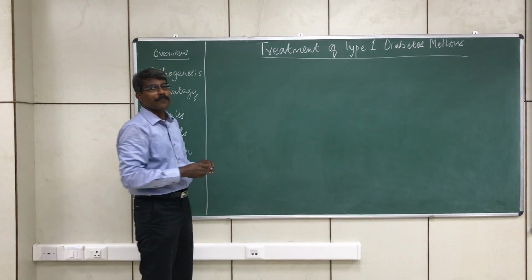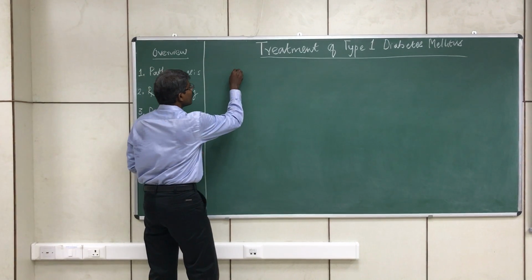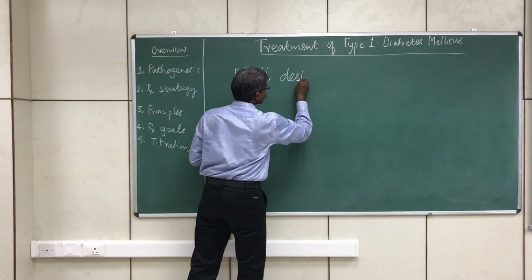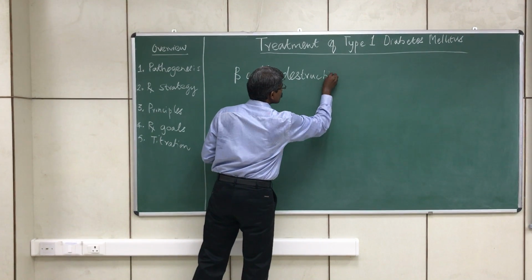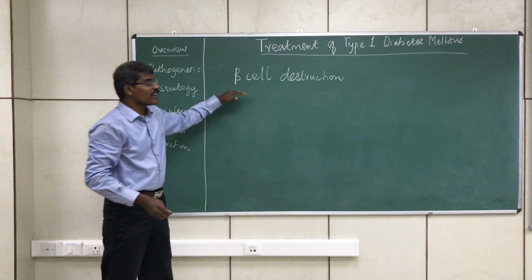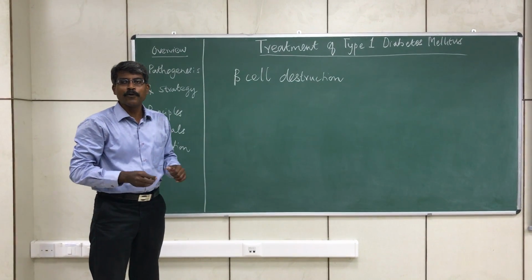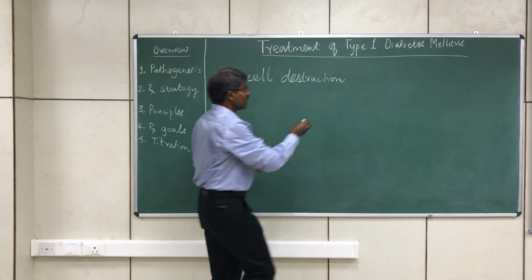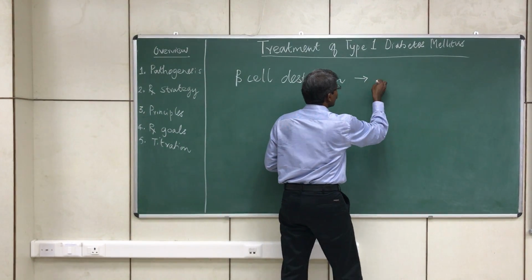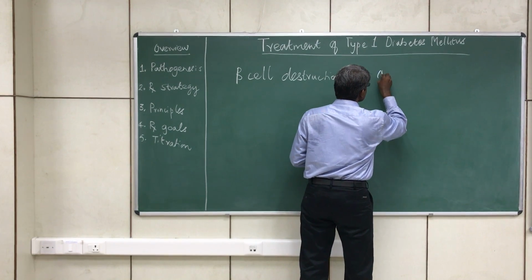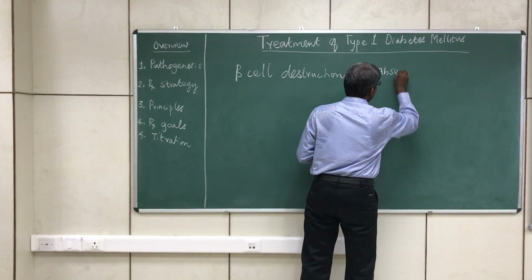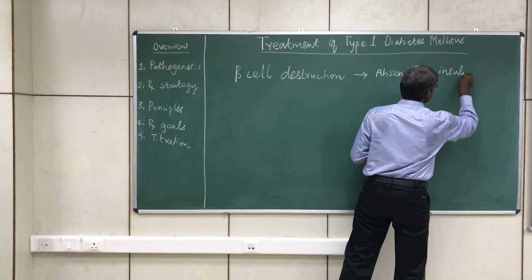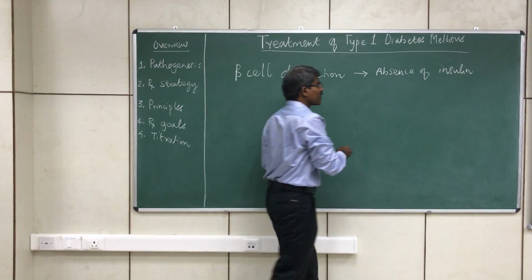Now if you look into type 1 diabetes, there is beta cell destruction. This beta cell destruction is immune mediated, and because of this there is near total absence of insulin secretion.